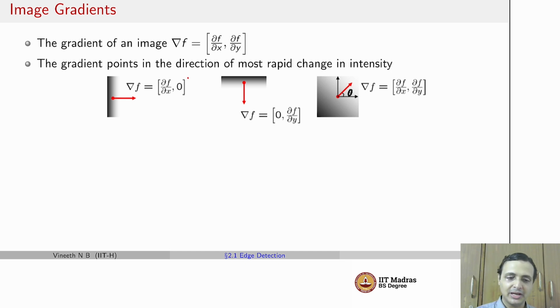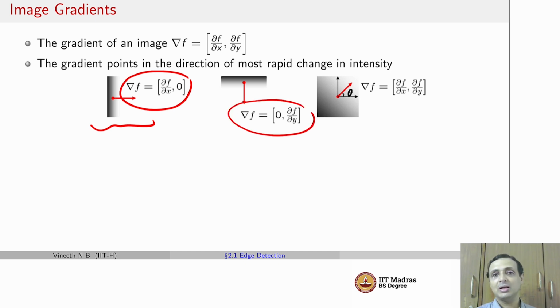So for example, if you have the gradient to be ∂f/∂x, 0, this tells you that there is no change in the y direction and all the change is only along the x direction, which means the edge in the image would look something like this. If you had the gradient to be 0, ∂f/∂y, then there is no change along the x direction and the edge is only along the vertical direction, and this is how such an edge will look in an image.